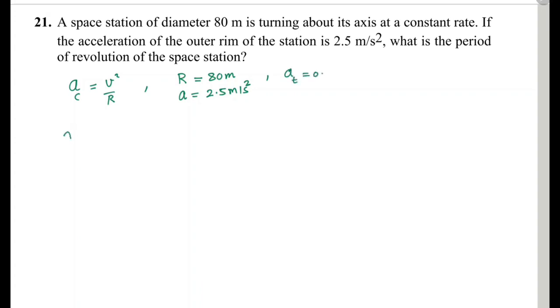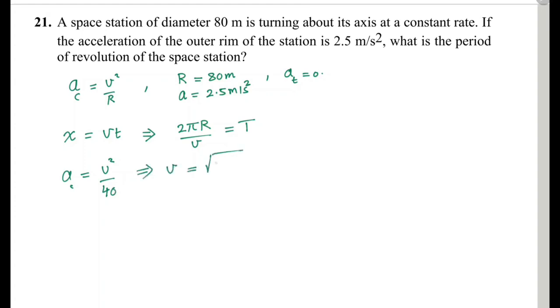So x here equals vt, and in this case 2 pi r, this is x, divided by v, is the period T.